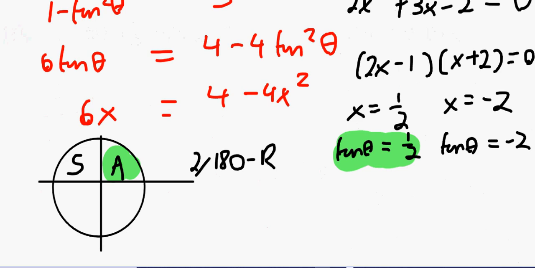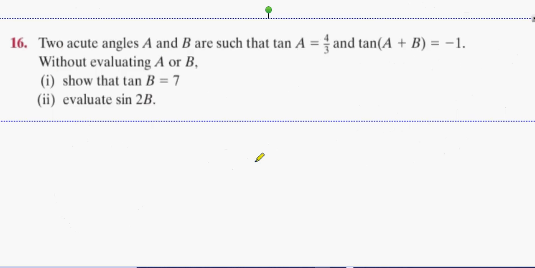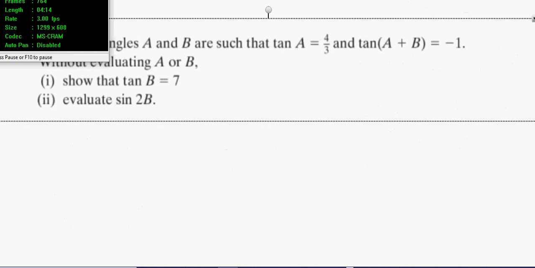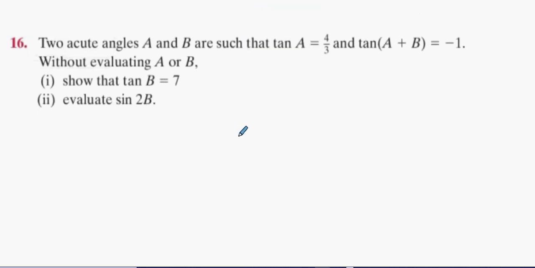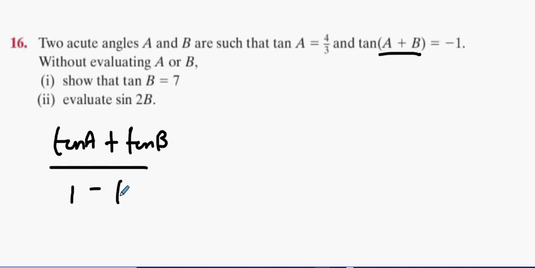That's my fault. Alright guys, you're on to 16 now. Off you go. Once again, the goal of the exercise is double angle formulas, isn't it? So what's tan A plus B when you expand it out? What's tan A plus tan B, all over? Okay, and we're going to replace tan A with what?